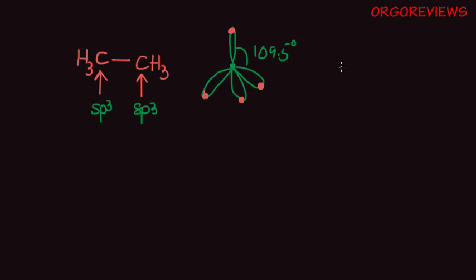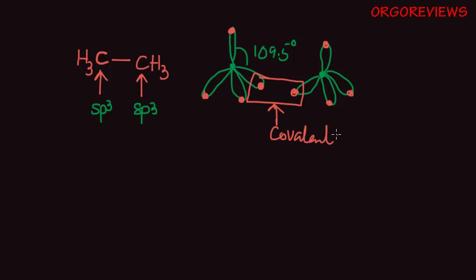Now you have another carbon that has almost the same structure. So you have another carbon here that has another sp3 hybridized state. And it has these electrons in its orbitals. So what happens is that during the reaction, of course, these electrons can overlap through what we call a covalent bond. Okay, so they will overlap and form a sigma bond.